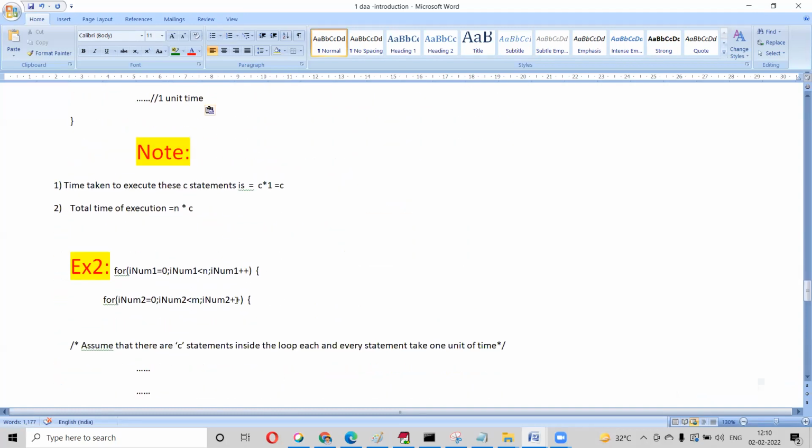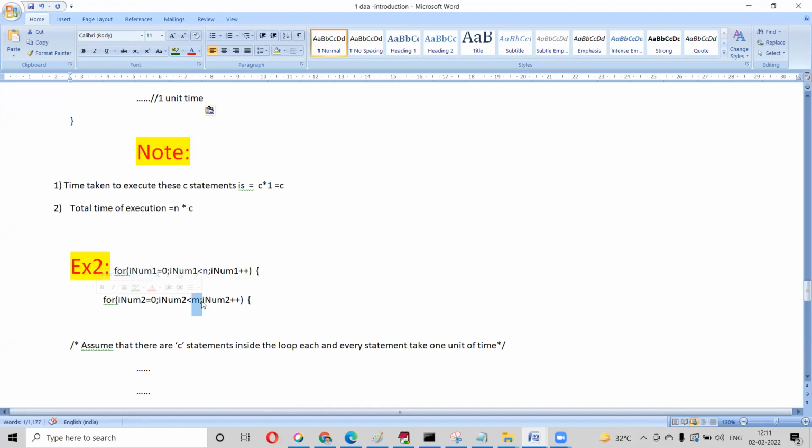Suppose in the next case we take the second example. The outer for loop is repeated n times, the inner for loop is repeated m times. So the total number of occurrences is n into m, right?